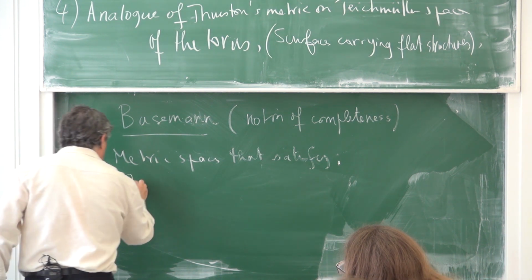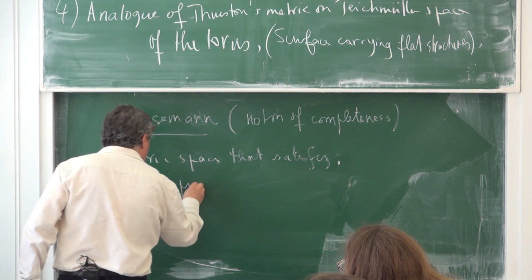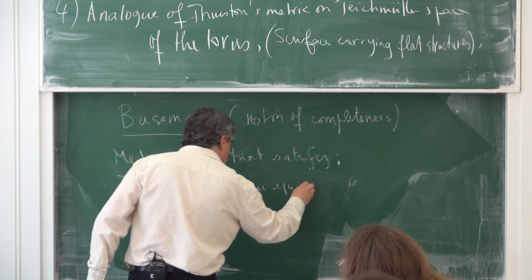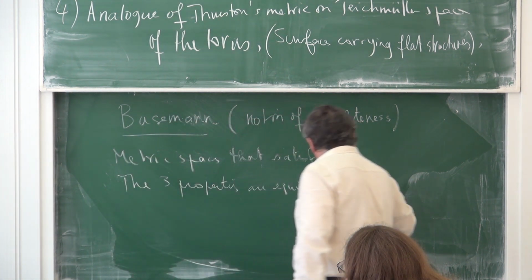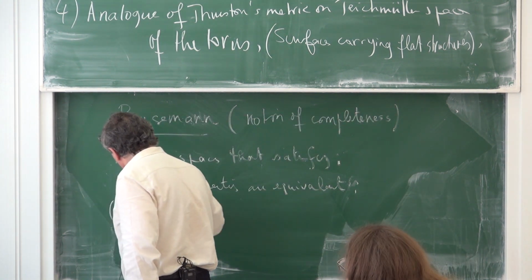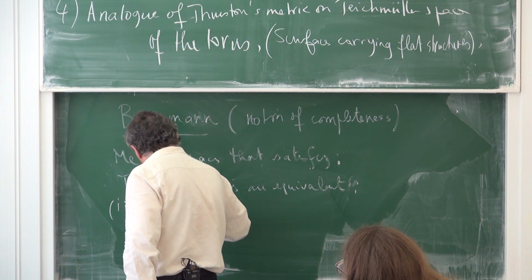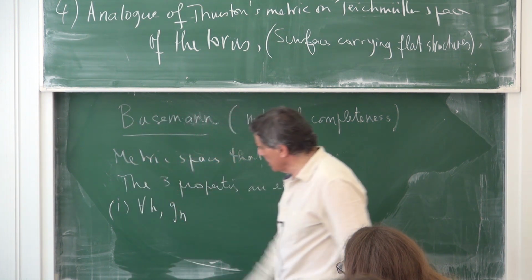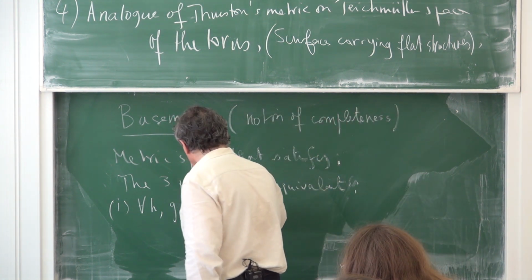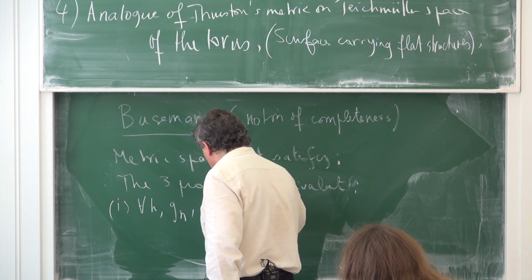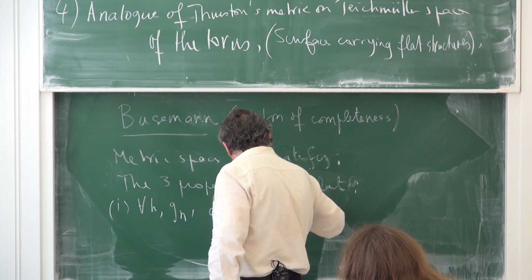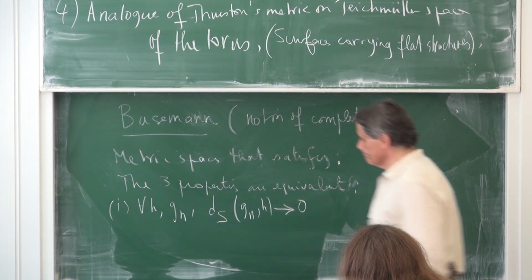So the three following properties are equivalent. The first one is for every point h and for every sequence gn in Teichmüller space, while d symmetrized of gn and h goes to 0.